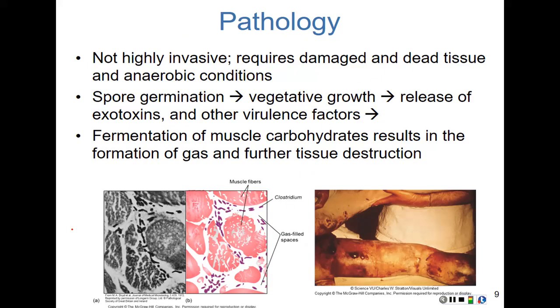So with gas gangrene, you have necrosis of muscle tissue, but you also have swelling. This is a thigh here, it's very swollen. A lot of necrosis going on in the muscle tissue. The organism gets in and it ferments sugars in the connective tissue, and it produces gas when it ferments. So, gas production.